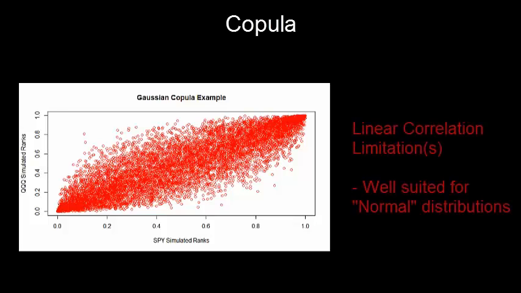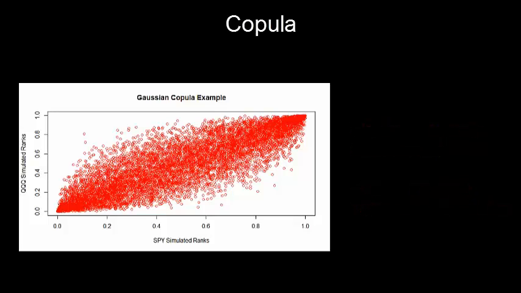Recall, using correlation in MPT is well suited for normal distributions. However, many financial distributions are non-normal. Therefore, correlation and its MPT risk measurement, covariance, may not adequately model the underlying risk of financial returns. One method around this is to model a Gaussian copula, which can simulate related rankings.